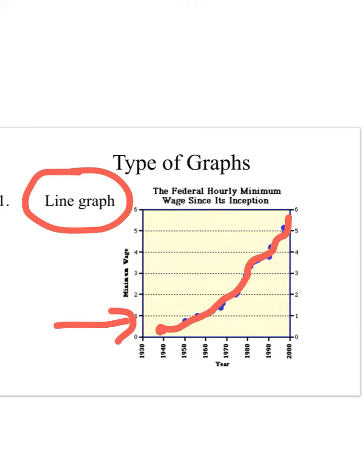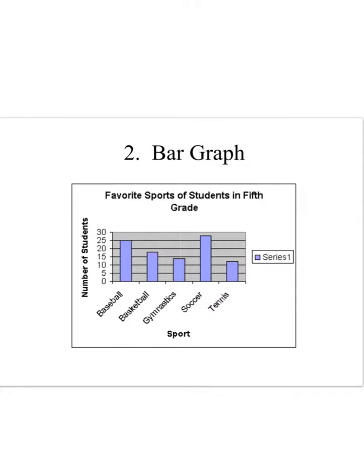The best time to use a line graph is when you're dealing with time, in this case the year, on your x-axis. It's a good time to use a line graph. Another type of graph that is good to use in science class is what we call a bar graph.